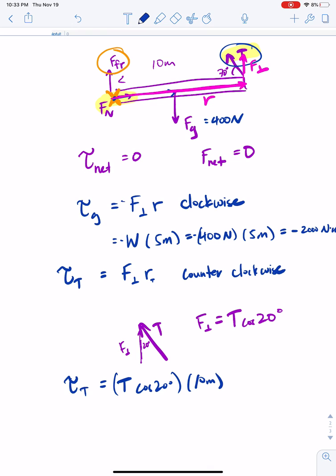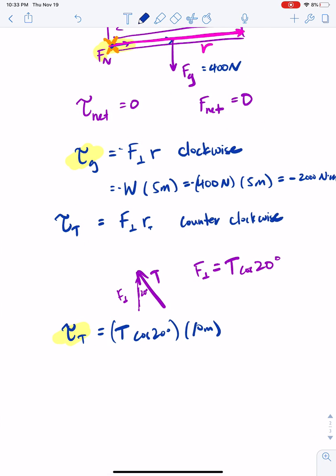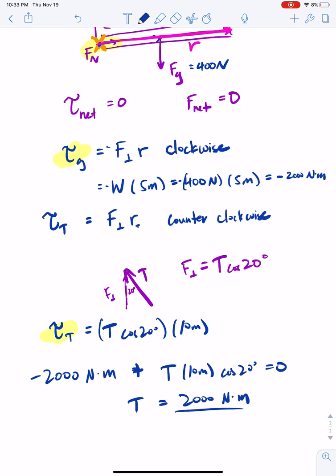And we know that these two torques here and here add up to 0, all right? So we've got our first one is negative 2,000 Newton meters plus T times 10 meters times cosine 20 degrees equals 0, which means that T is going to be 2,000 Newton meters over 10 meters cos 20 degrees.